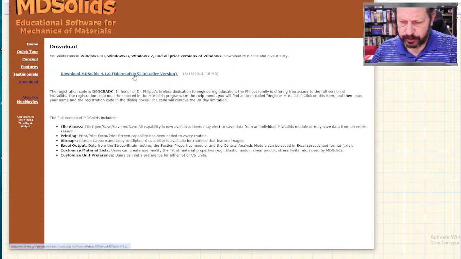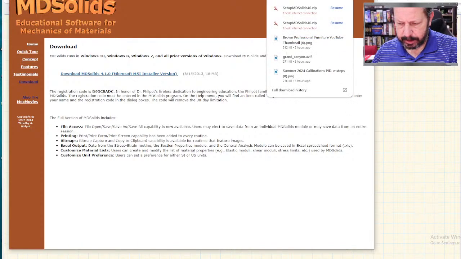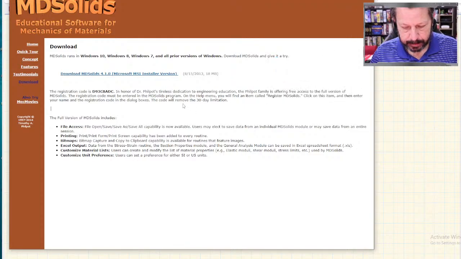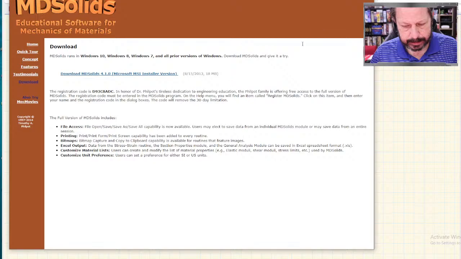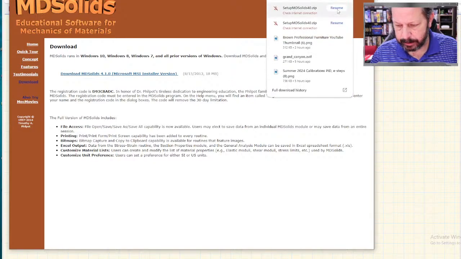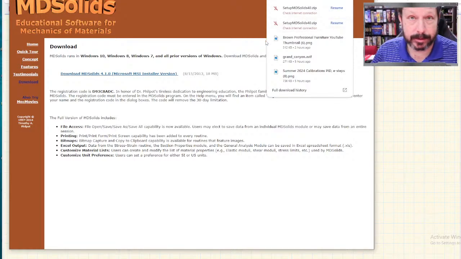One of the things about this piece of software is it's kind of in its last state of whatever situation it was in. They even gave you the registration code, but currently it doesn't look like it's letting me download, but it says check internet connection. I mean, I'm streaming, so I think my internet's fine. So maybe we can't download this.